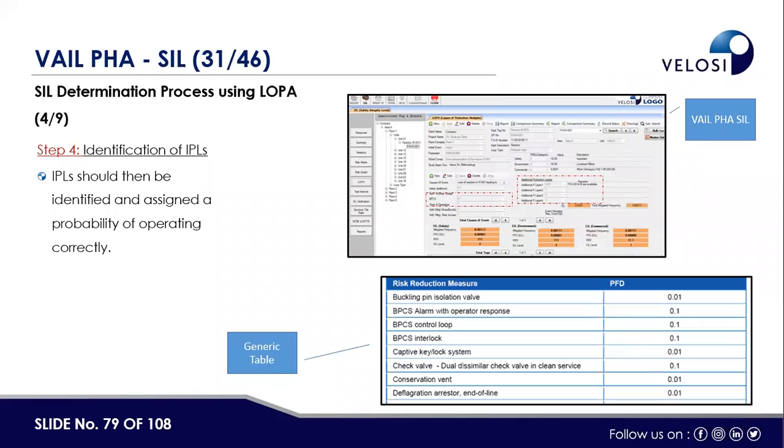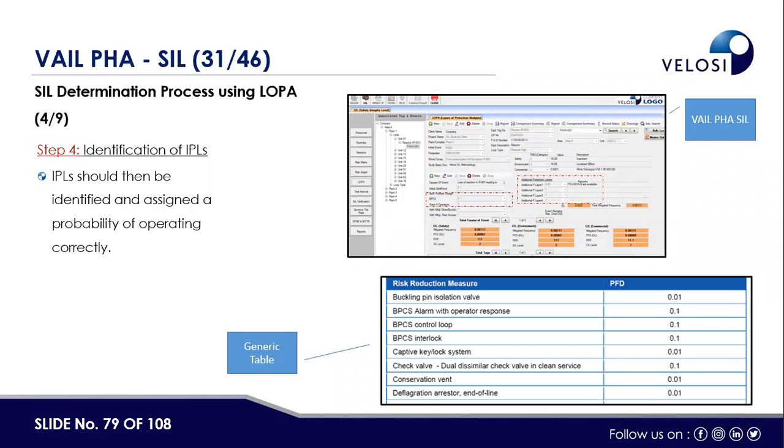SIL 1 will be 0.1, SIL 2 will be 0.01, SIL 3 will be 0.001. For example, we have a PSV as a safeguard. Then we have to see whether it is in clean service, it has its own value. If it is in dirty service, its own value. If we have dual PSVs, it will have its own value. So we will have to take the values from that database or that table.